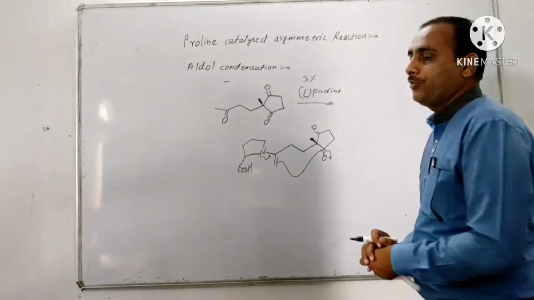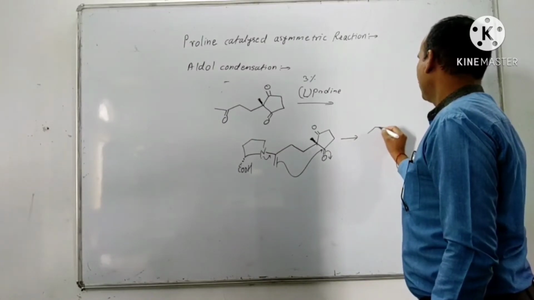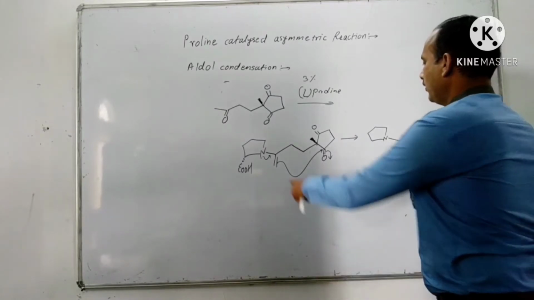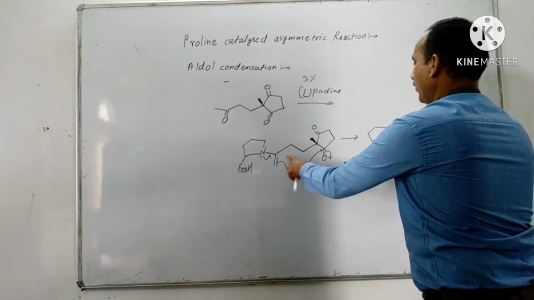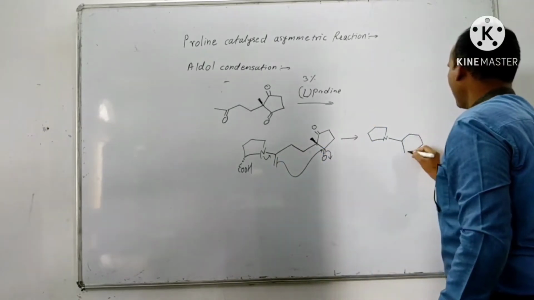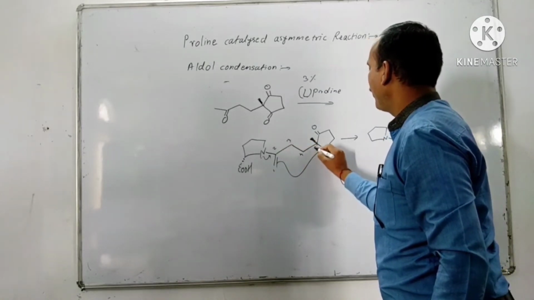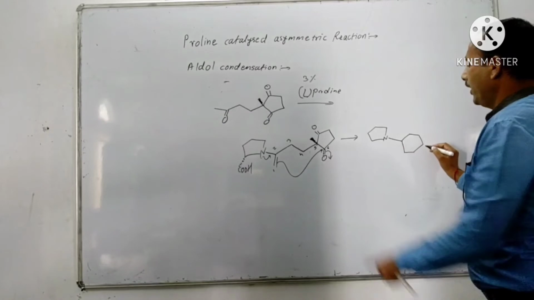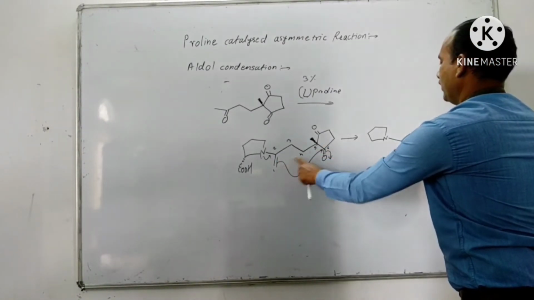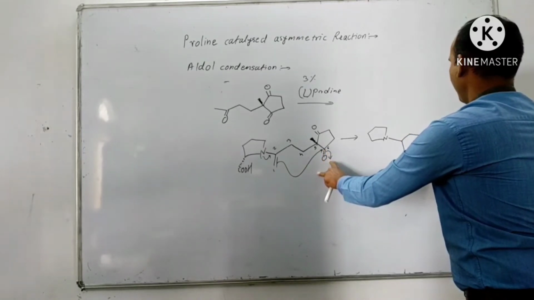So there is a formation of N, and see here 1, 2, 3, 4, 5 and 6 member ring, and on this 6-member ring, on the carbon attached to this carbon, there is formation of OH.